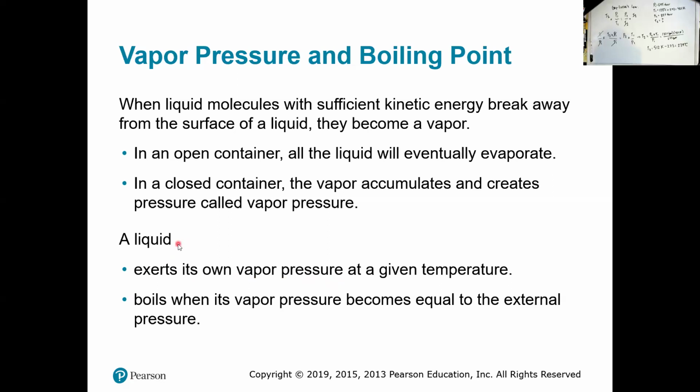So whatever liquid you are looking at, that liquid will have its own vapor above it. And the act of boiling is when the vapor pressure becomes equal to the external pressure. When the vapor pressure of the liquid matches the external pressure, that's when you see the boiling process happen.